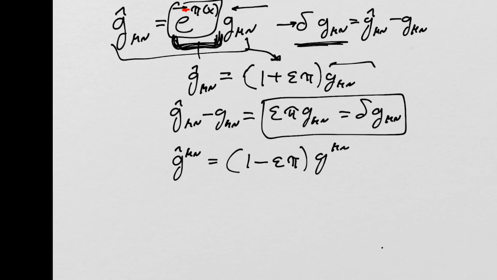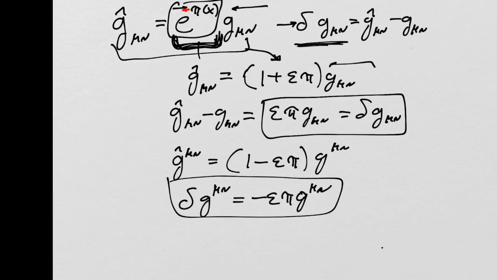Therefore, the infinitesimal variation of the contravariant form of the metric is equal to minus epsilon pi G mu nu. So you have these two forms that represent the variations of the metric under infinitesimal transformations. For this mathematics, you can actually use the fully finite transformations without much trouble.